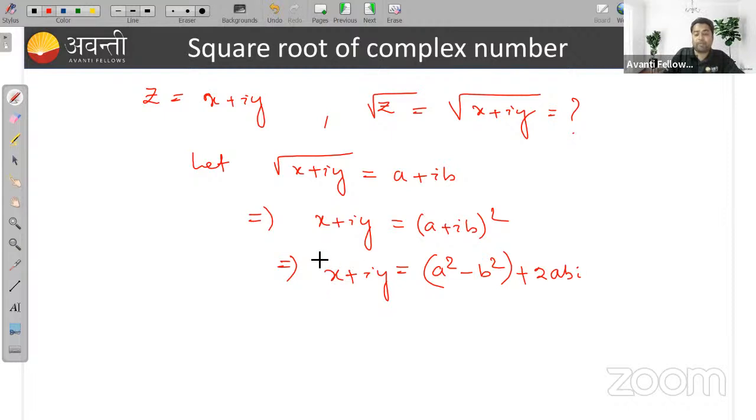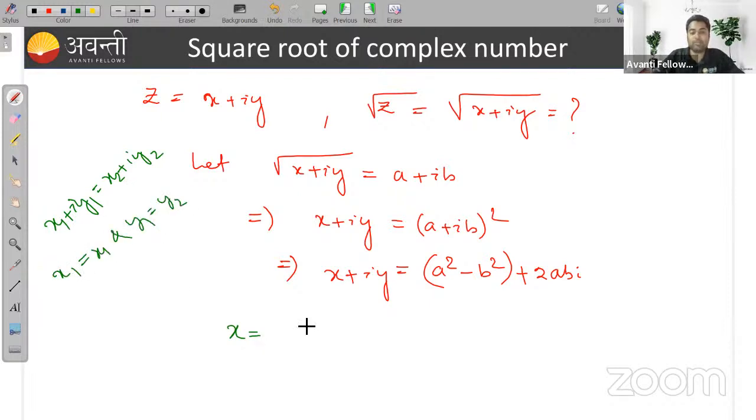So if you compare both sides, what will you get? I already told you in the last class, if x1 plus i y1 is equal to x2 plus i y2, what does that mean? These two complex numbers are equal, that means x1 is equal to x2 and y1 is equal to y2. Similarly, here also we can compare and say x is equal to a square minus b square and y is equal to 2ab.